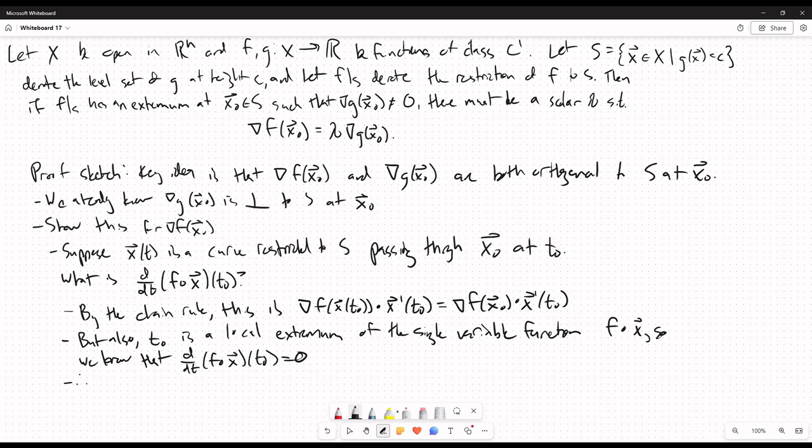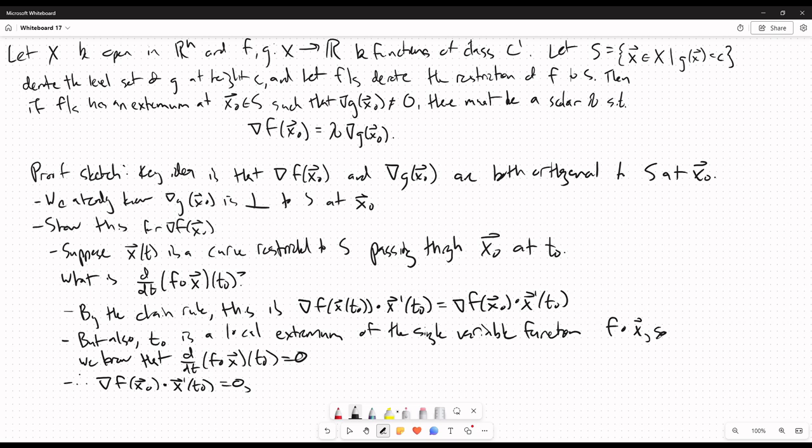Therefore, the gradient of f at x naught dotted with x prime of t naught, which is a curve on S, equals 0. And since the gradient of f at x naught is orthogonal to really any curve passing through S at x naught, that's just what we had for this x prime here.